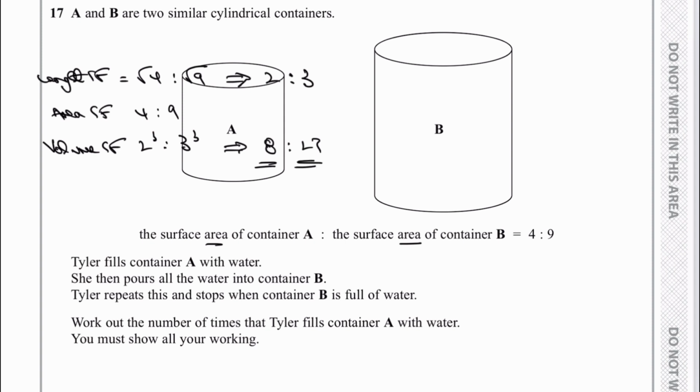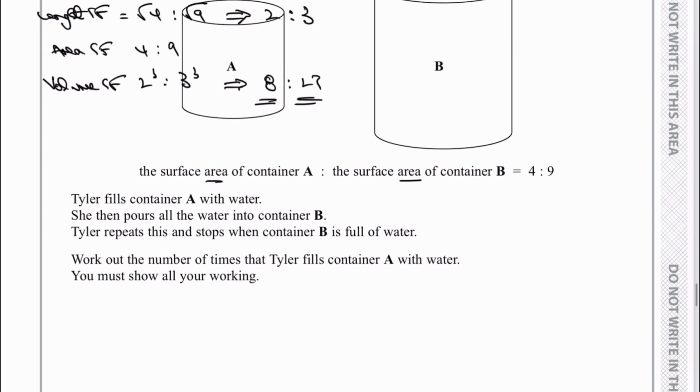So you imagine it's 27 cubic centimeters divided by 8 cubic centimeters, and effectively that's how this particular problem is being worked out. So the number of times is going to be equal to 27 divided by 8, and that's going to be 3 and 3/8.